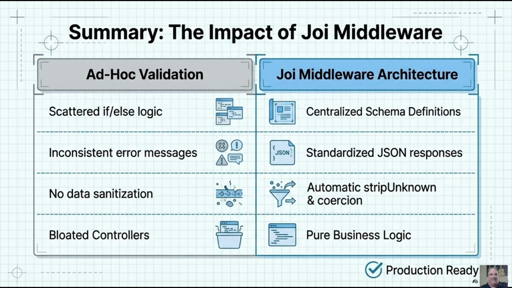It's pure business logic. Separation, right? So this is what production-ready validation looks like. It's not just about catching bad data. It's about architecture. It's about separation of concerns. It's about writing code that's maintainable months, if not years from now, when someone else has to change the validation rules.